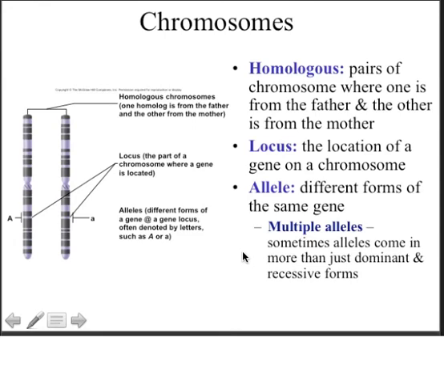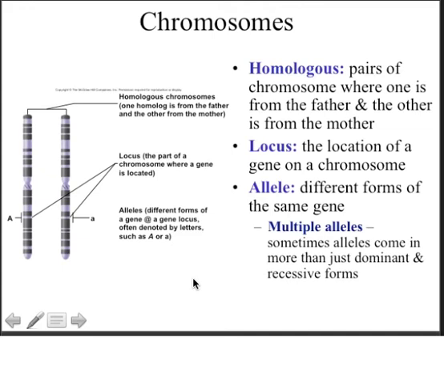Remember that alleles are different forms of the same gene. Many genes have multiple alleles, which means that there are going to be flavors of instructions for a particular protein that does a job in the cell, some of which may be dominant, some of which may be recessive, or in some cases you'll have a condition known as codominance, where if you have one of each type of an allele, you'll see physical characteristics of both.